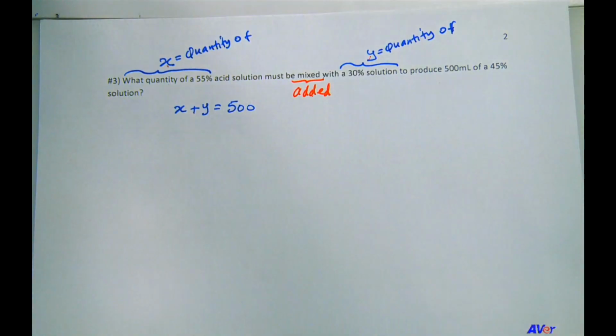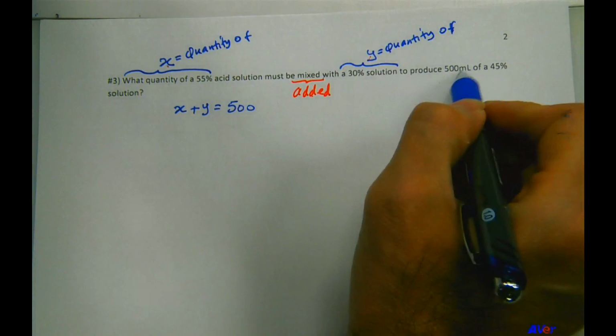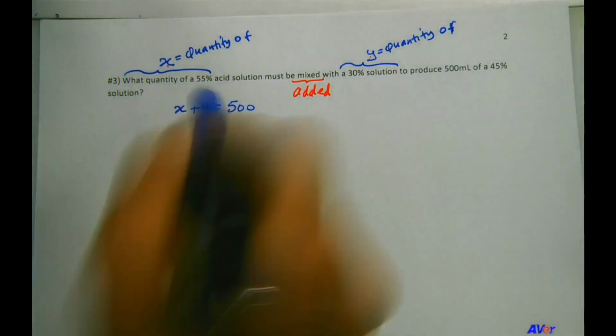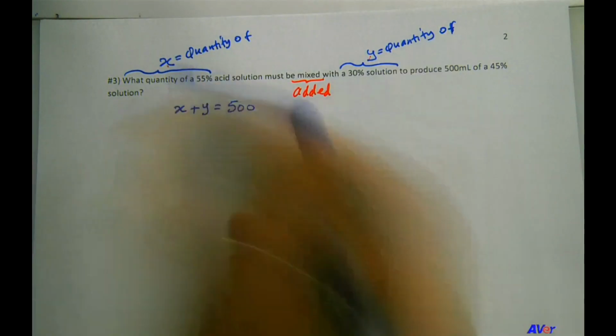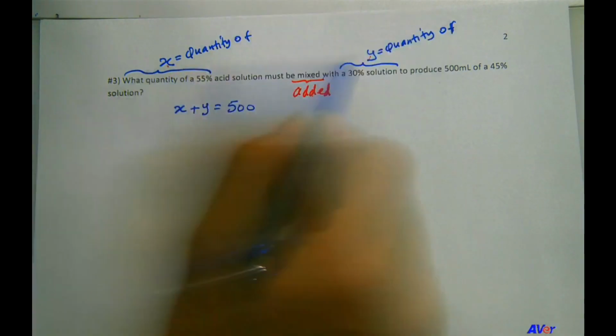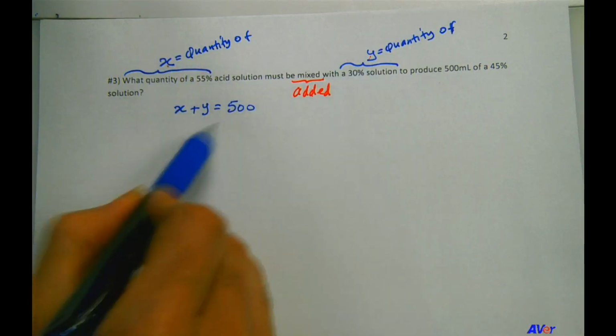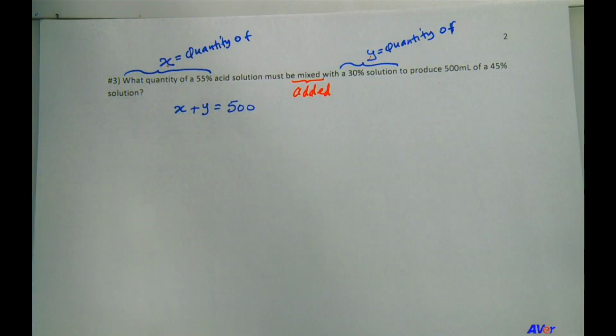Never mind the units. If this was a chemistry or physics course, we would be very careful about the units. But here, for now, let's disregard the units. Just focus on the relationship between quantities. That's important here. What are the quantities? Label them with variables, and then what is the relationship between those quantities? Very, very important.